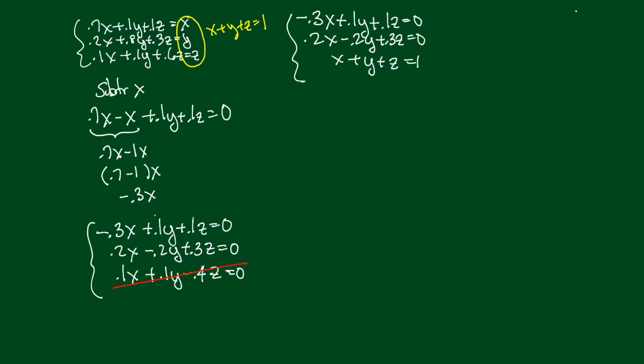So what I'm going to do is I'm going to RREF, you remember that? Row reduced echelon form. I'm going to go down the columns: negative 0.3, 0.2, and 1, just the coefficients, 0.1, negative 0.2, 1, 0.1, 0.3, 1, and then 0, 0, 1.